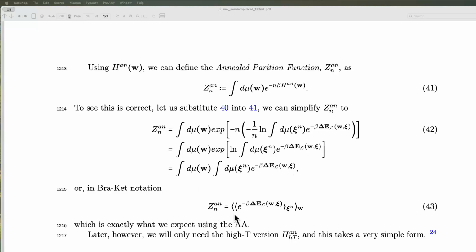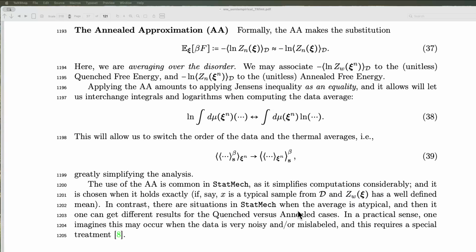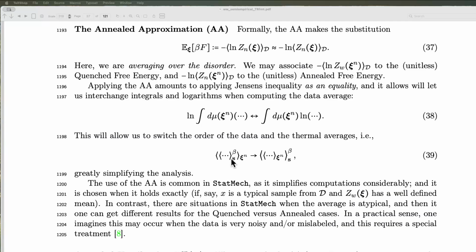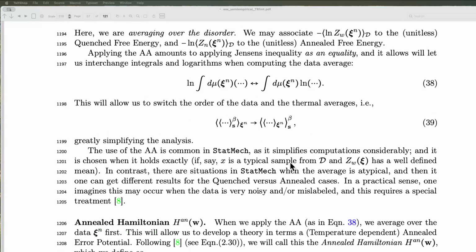And then in bracket notation, this is just, again, the average over the data first and the weights second. So recall, again, in the annealed approximation, the thermal average, which is the average over the weights and then the data, becomes the average over the data and then the weights. And I didn't realize in 39 I'm using S to represent the weights, and that really should be a W, just to be consistent with the notation.